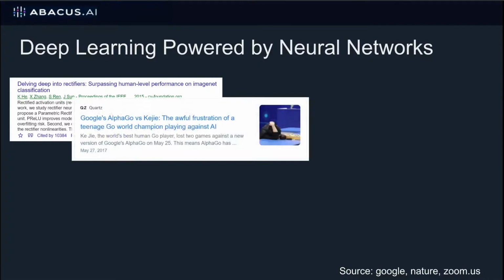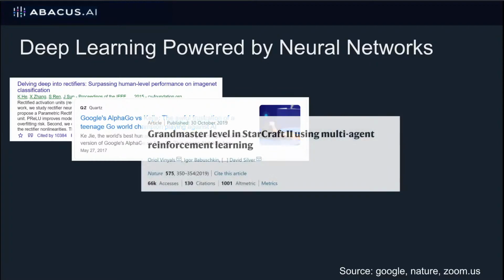In 2017, AlphaGo, a neural network-powered Go player, beat world's number one human player Ke Jie in the game of Go. And then in 2019, AlphaStar, a neural network-powered gamer, reached Grandmaster level in the popular multiplayer game StarCraft 2. At that time, it ranked top 0.2% among all human players online.